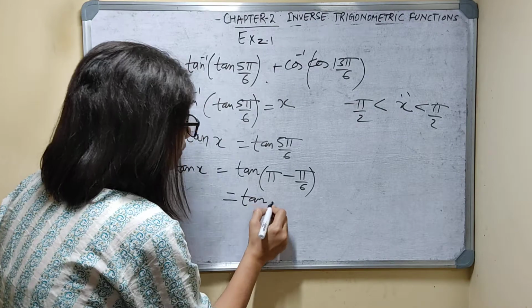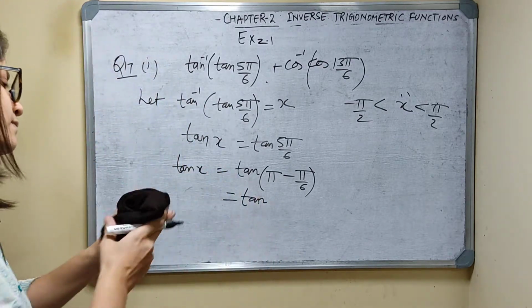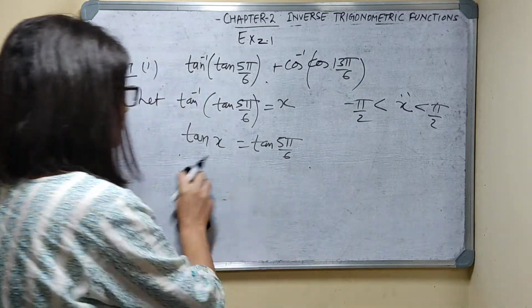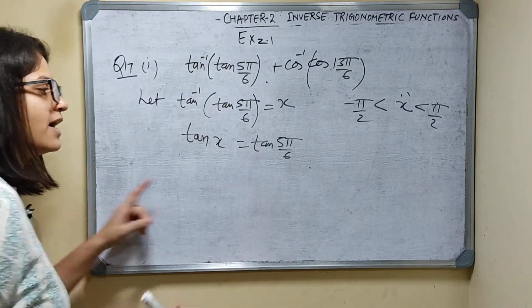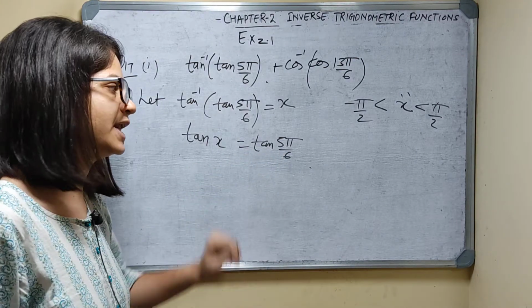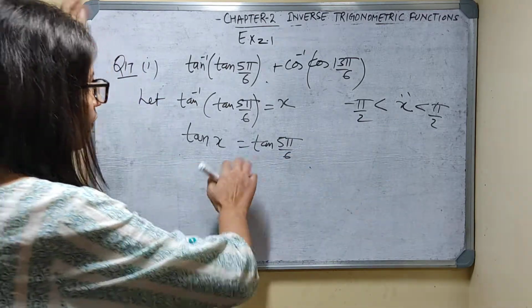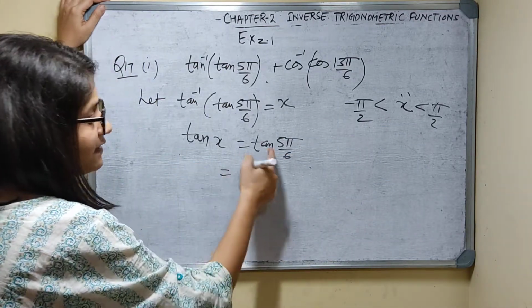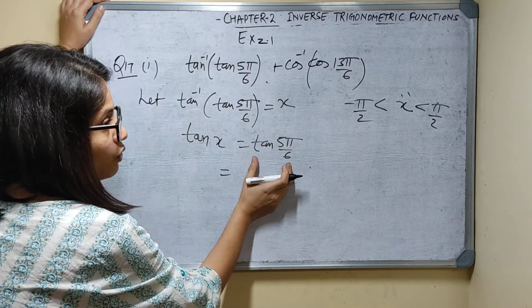Or you can do one more thing; think like this. Tan x is equal to tan 5 pi by 6. I can't write x is equal to 5 pi by 6 because the value is 150 degrees, which doesn't lie between minus pi by 2 and pi by 2. So tan is positive in which quadrant? Third quadrant.